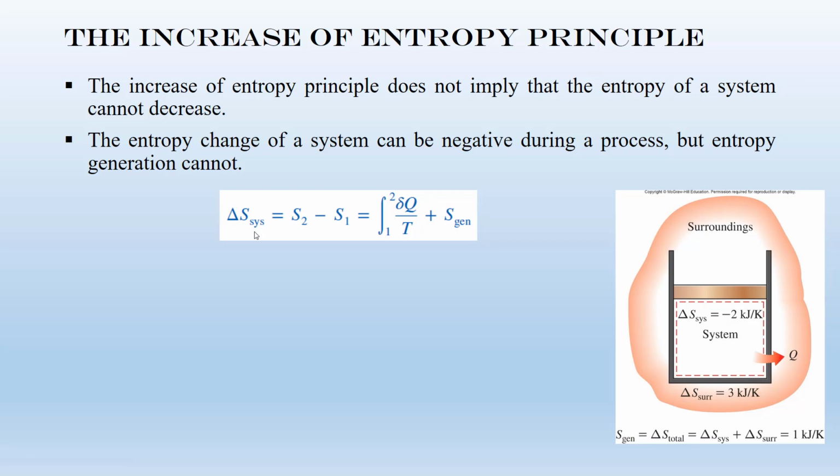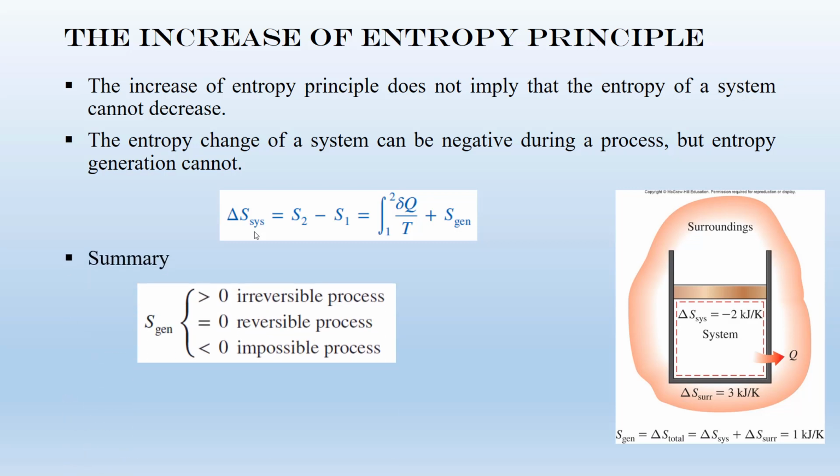However, the S generation is always positive or equals 0. Based on the S generation, you can decide what kind of process you have. If the S generation is positive, it is an irreversible process. If the S generation equals 0, you have a reversible process. And if the S generation is lower than 0, or negative, it's impossible to have this kind of process.